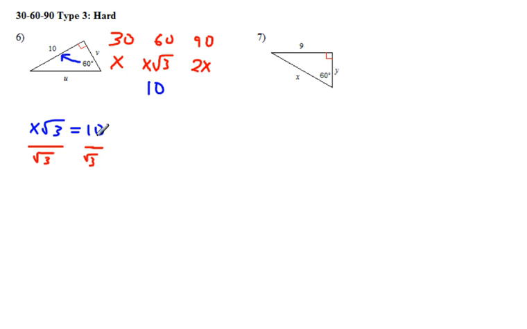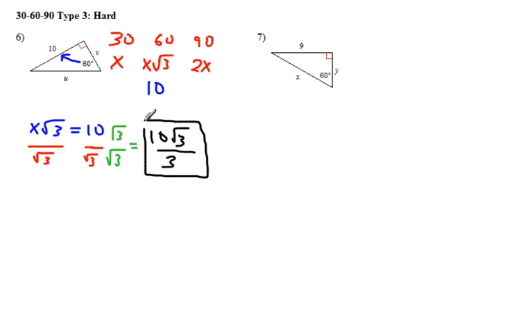Then we get this very strange number, 10 over root 3, that we must rationalize, multiply top and bottom by the square root of 3. So we get 10 root 3 over 3. That is your x. So x is equal to 10 root 3 over 3.